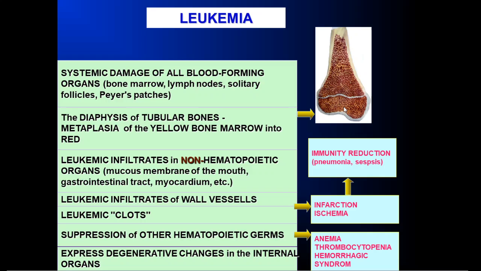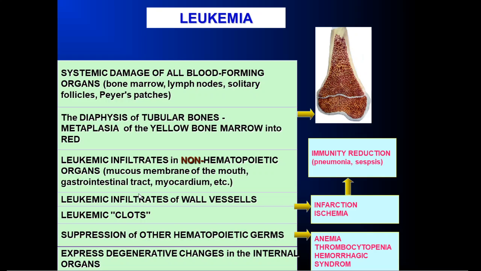So this is one more example of the metaplasia. What is the reason of this metaplasia? So why this yellow bone marrow needed to become red?